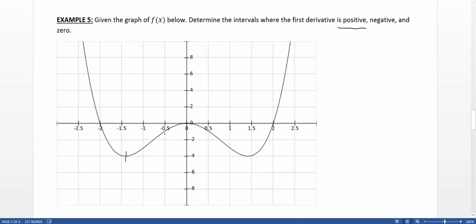Taking a look at this graph, it looks like we're increasing from roughly negative 1.4 until 0. So this part of the line right here, we're going to be increasing all right here. And then again, over here, from about 1.4 till about 2.5.